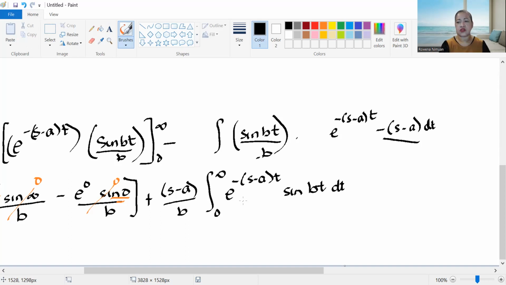Going back, we again make use of integration by parts because we have two functions.